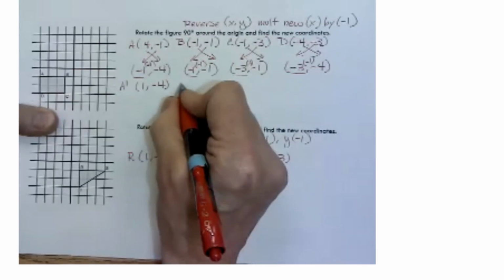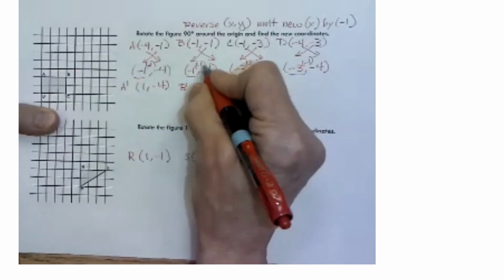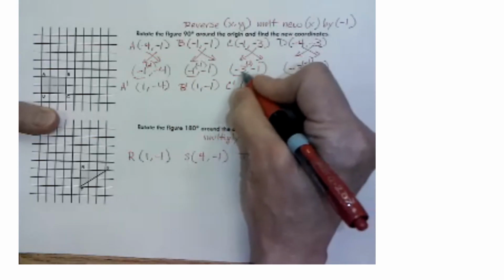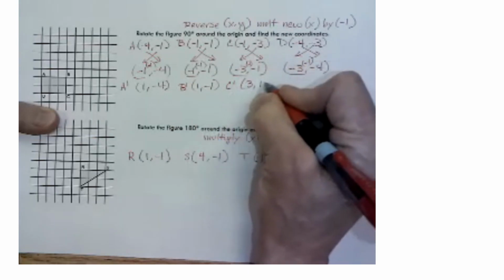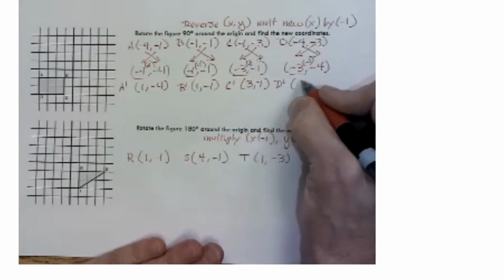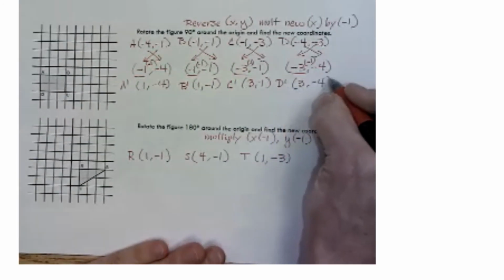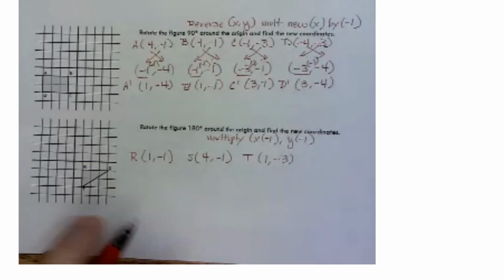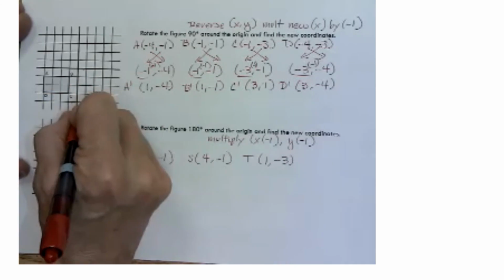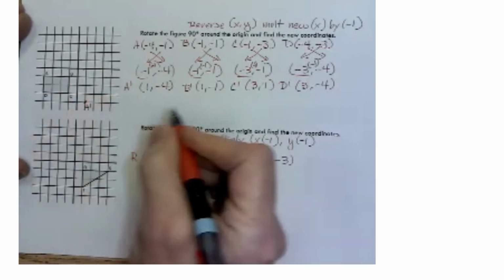So A1. B1, this gives me a 1, -1. C1, -3 times -1 is +3. Y stays the same. And D1, I now have 3, -4. So let's go and graph those. A1 is now 1, -4. So that's your A1 here.